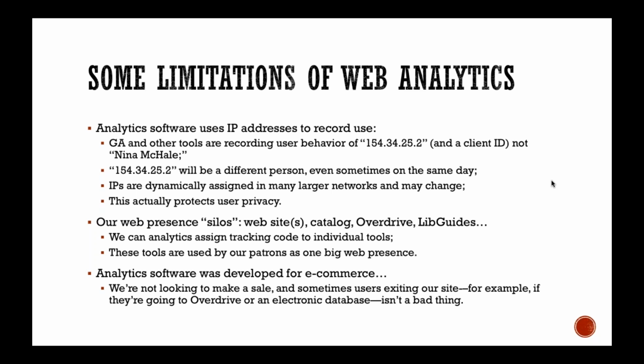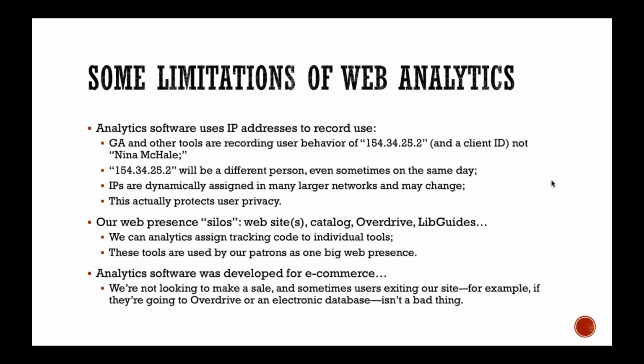And that touches on the second point on the screen, that our web presence is made up very much of silos, if you've ever heard that term. We have a website, we have a catalog, we might have LibGuides, we might have Evanced to help with calendars and scheduling events, we might have Overdrive. You can assign analytics tracking code to all of these individual tools, but tracking how library users use these tools as one web presence can be difficult to set up.